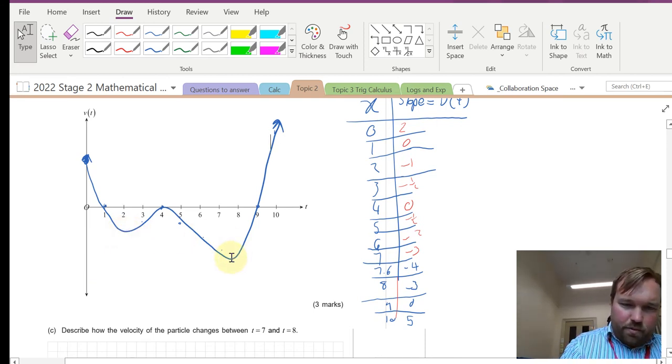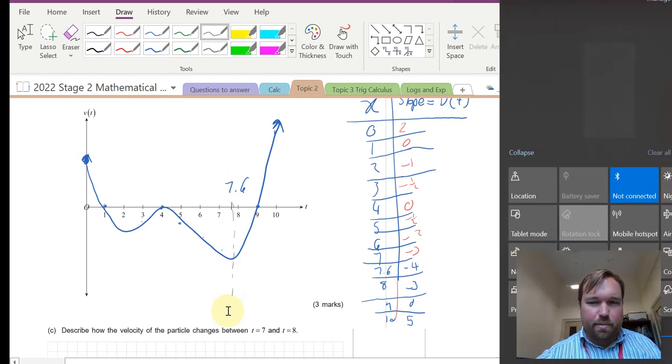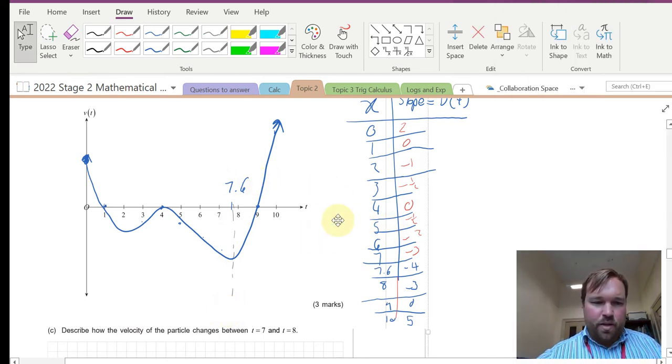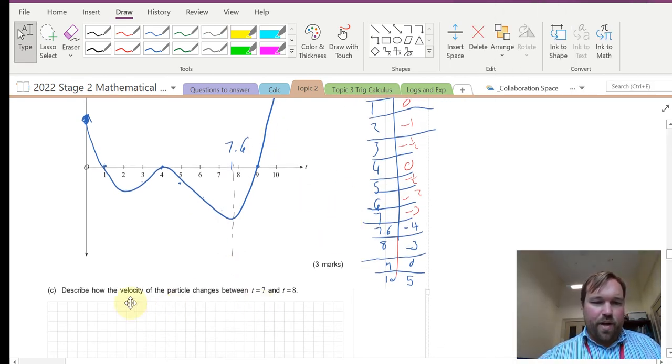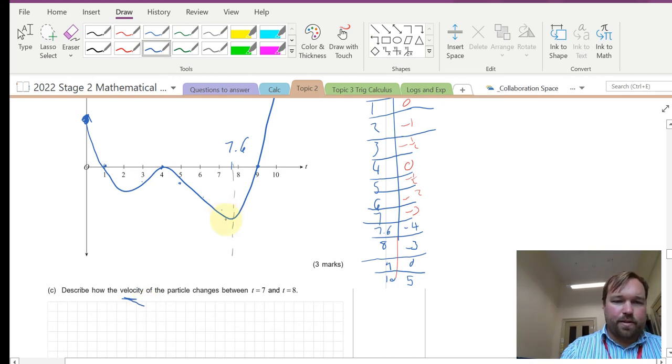To be honest, I would be even writing in 7.6 and doing a little dashed line down here just to show the examiner you really hit that negative 7.6. Describe how the velocity changes between 7 and 8. Alright, so what happens is the velocity, which is this graph here, decreases until 7.6, and then at 7.6 increases.